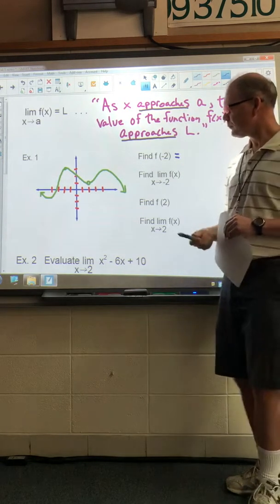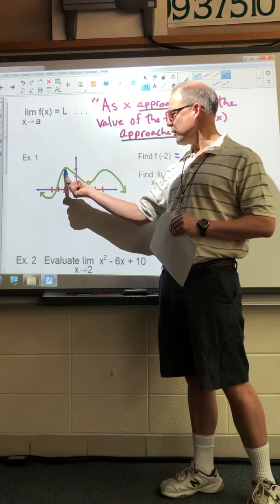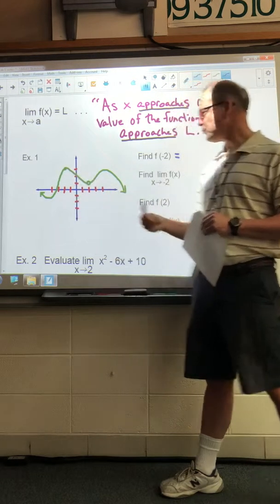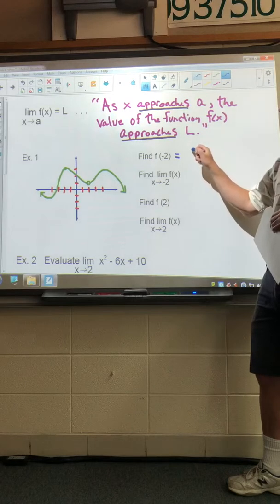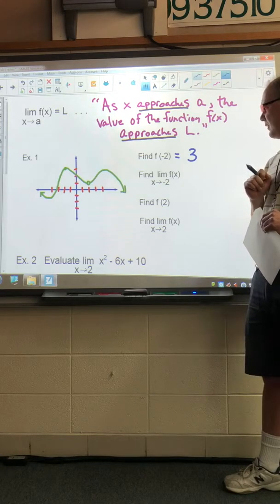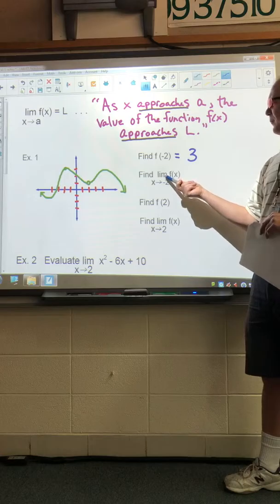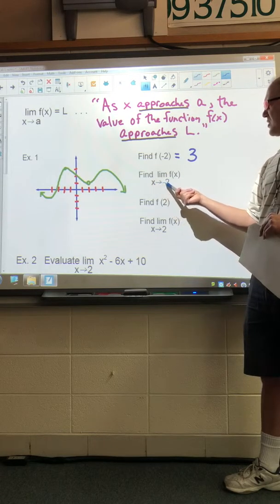Looking at the function here, x is -2, point right there. Looks like y is 3. Nothing earth-shattering there.